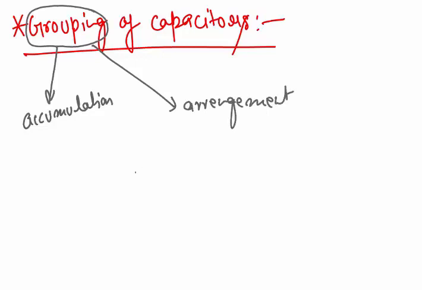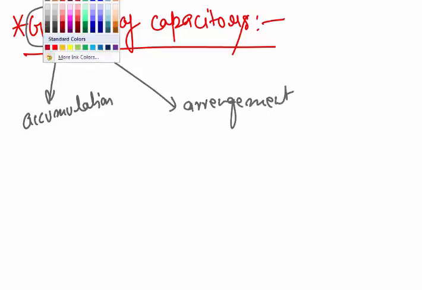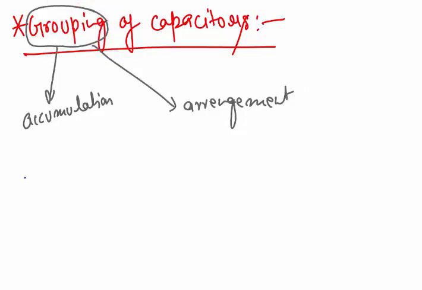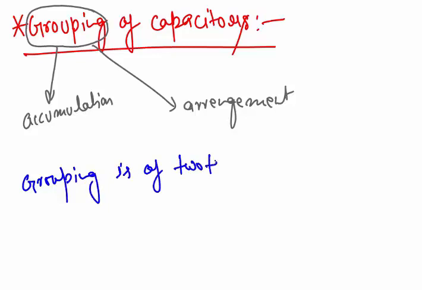Okay, so the grouping is of two types. This grouping of capacitor is of two types.